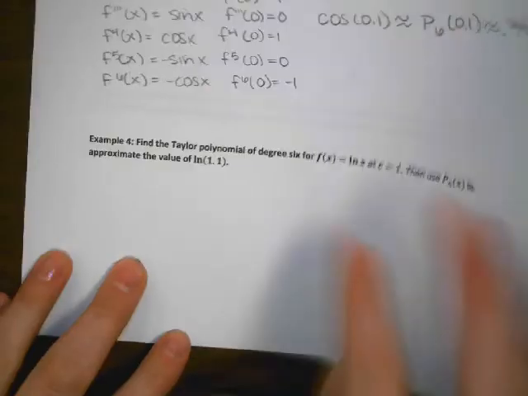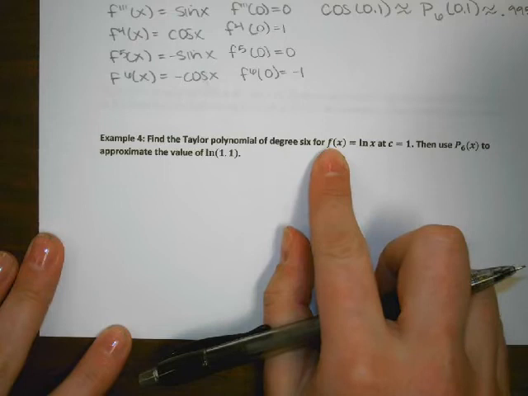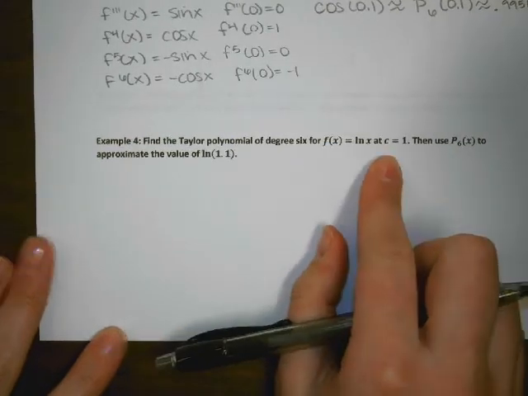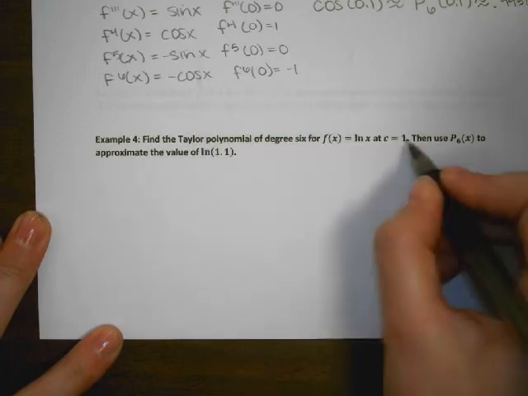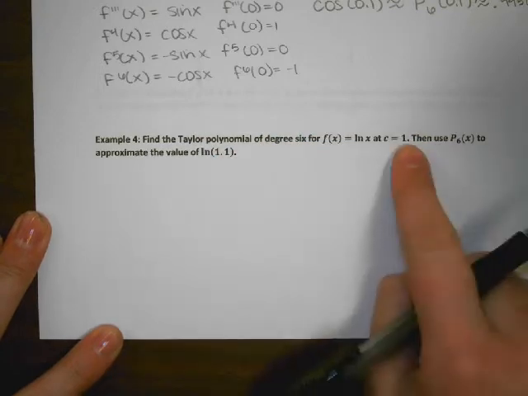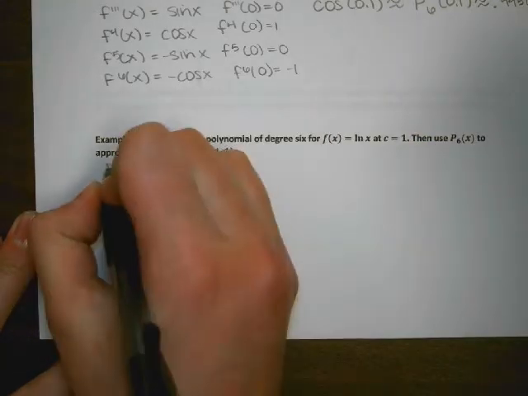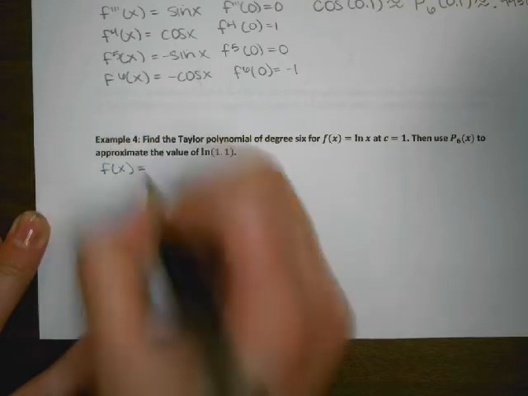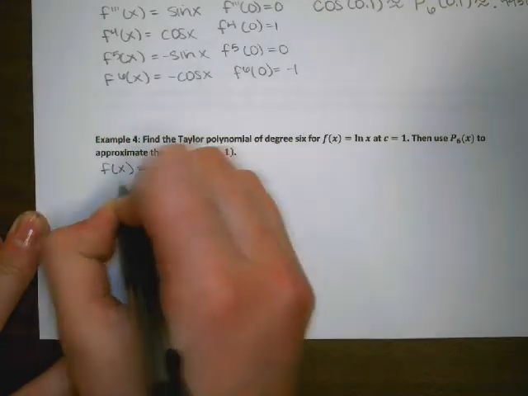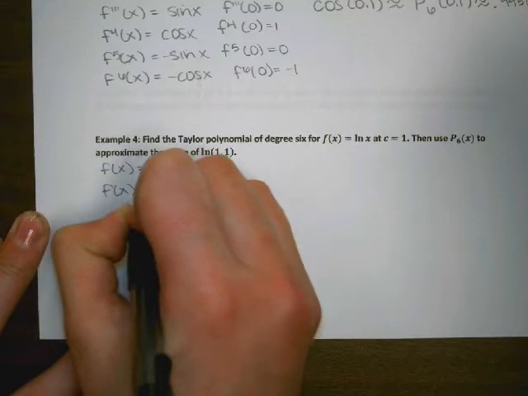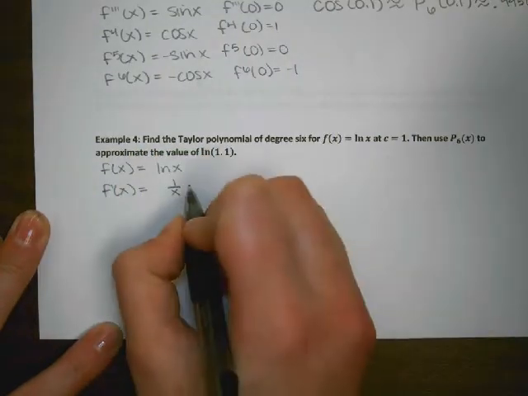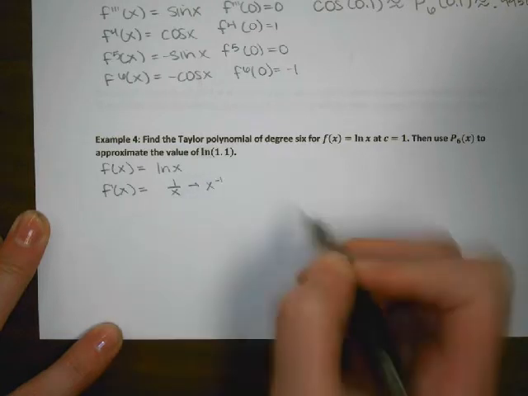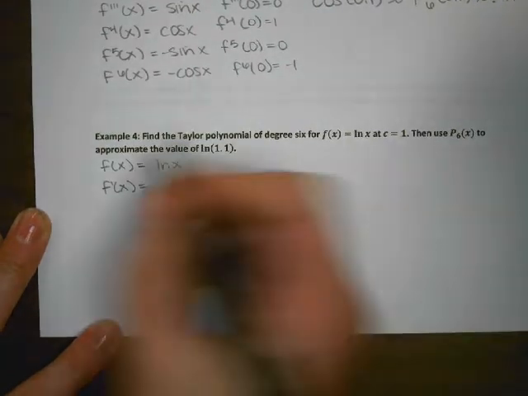All right, example 4 says find the Taylor polynomial of degree 6 for f of x equals ln x, evaluated at c equals 1 this time. Well, not evaluating, we're evaluating 1.1, but we're centering it at 1. So I'm going to say f of x is ln x, f prime of x is 1 over x, which I'm going to write as x to the negative 1, just to make my life a little bit easier.